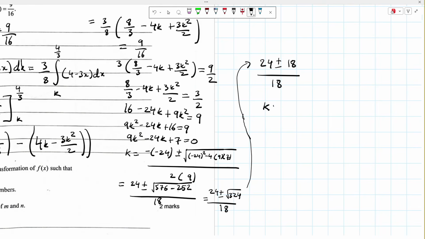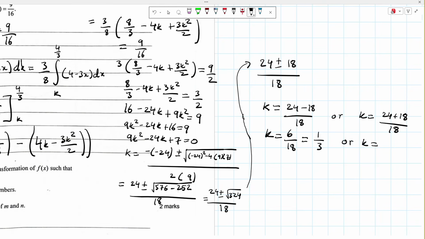Right, so k can equal 24 minus 18 over 18, or k can equal 24 plus 18 over 18. Now, what's 24 minus 18? That's 6 over 18, right? Yep. And that can simplify to 1 over 3.